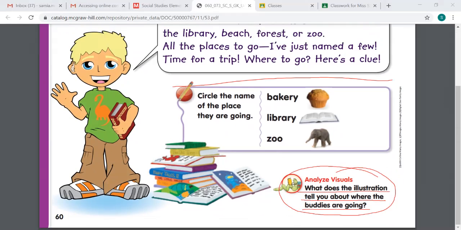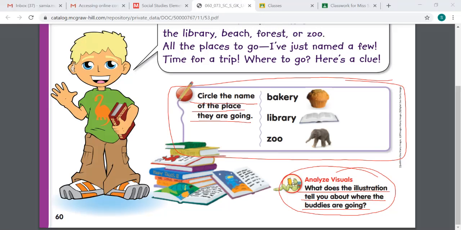So let's read here real quick. Read it with me. It says, circle the name of the place they are going. Before we do that, we want to look at clues in the illustration.